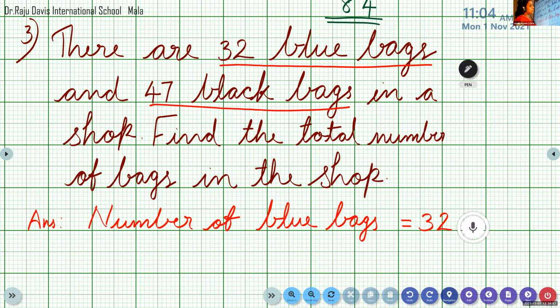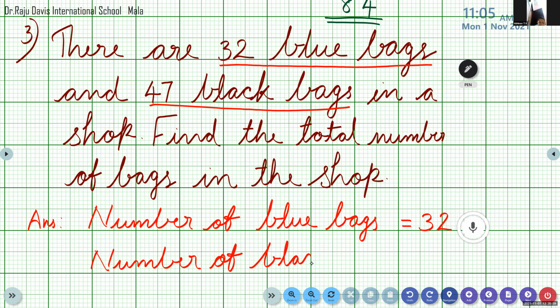Sarah, first step over? Yes. Can you tell the second one? How to write the second step? Number of black bags. Very good. The second step is number of black bags.